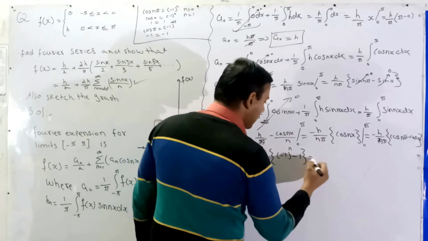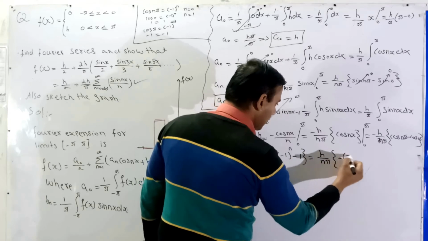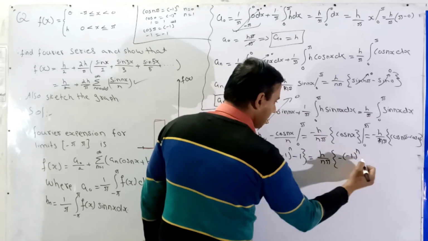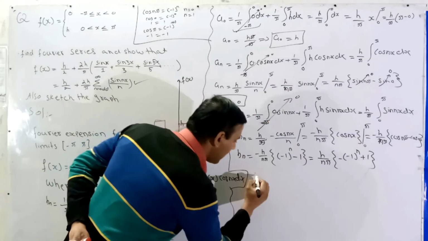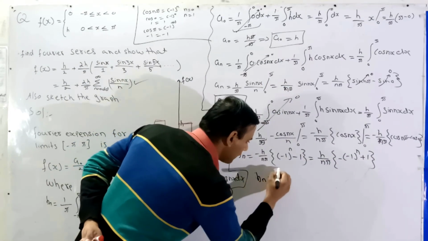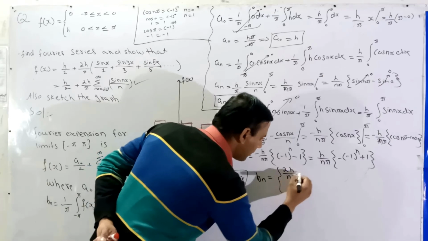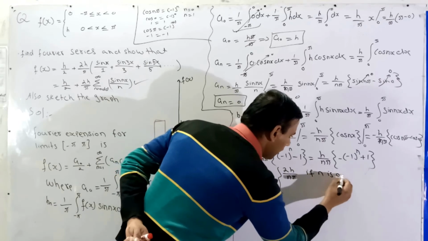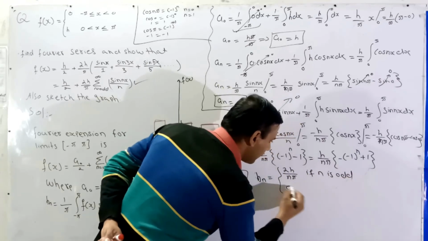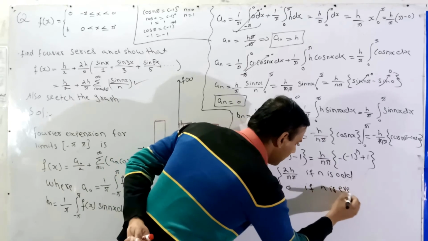Multiply minus inside: h over n pi, minus minus plus 1. We can write bn as bn is equal to 2h over n pi if n is odd, and 0 if n is even.